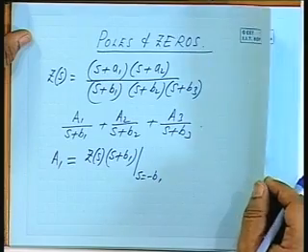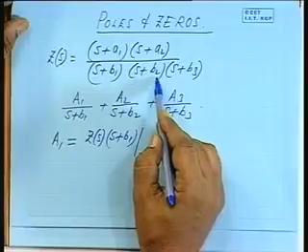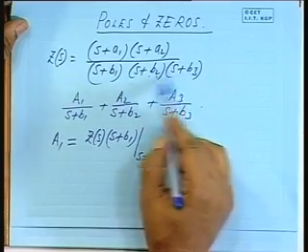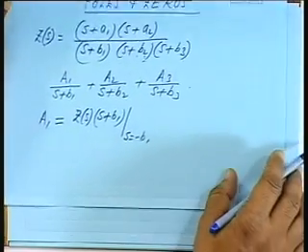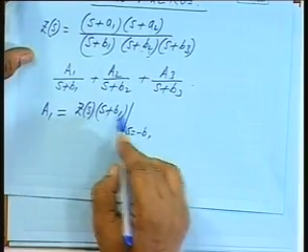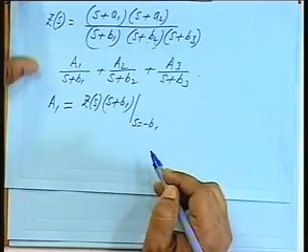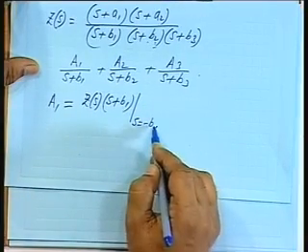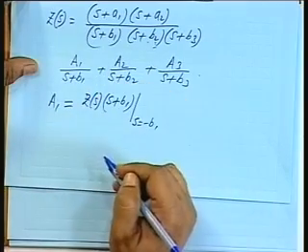Now, these b1, b2, b3 can be complex conjugate also. If they are complex conjugate, they should be in pairs, conjugate pairs. Okay. So, Z(s) into s plus b1, evaluated at minus b1, I mean by putting s equal to minus b1, gives a1. What does it mean?